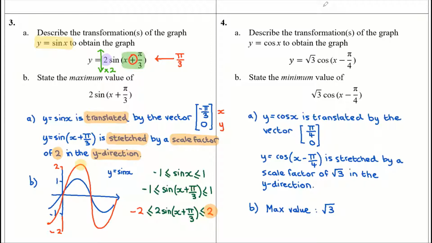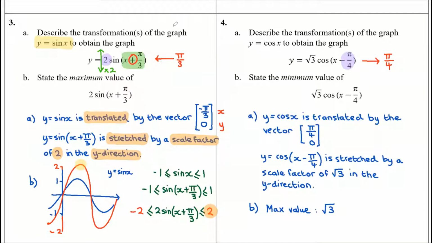Again, we've got a translation for the first part because we've got this -π/4 inside the function. And we have that inside opposite rule, don't we? So as a shorthand, before you write any of this out, you may want to just say, okay, because it's negative, that means it's going to be moved to the right by π/4. I've described the exact same thing using the vector (π/4, 0).